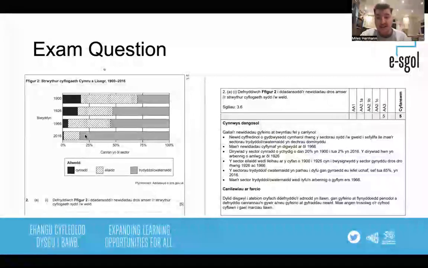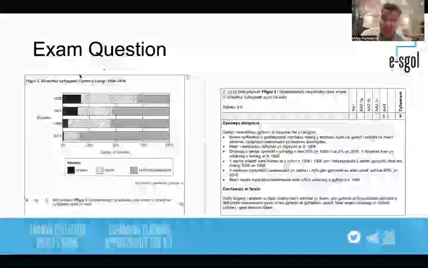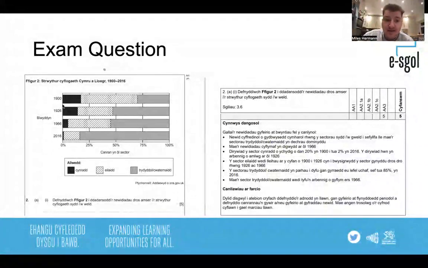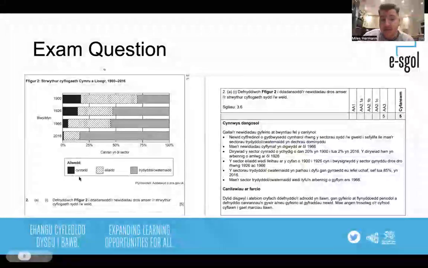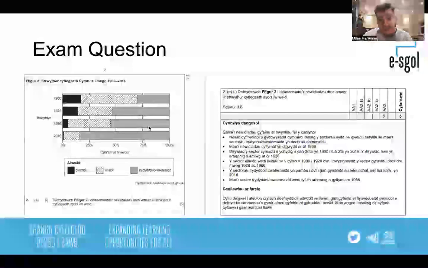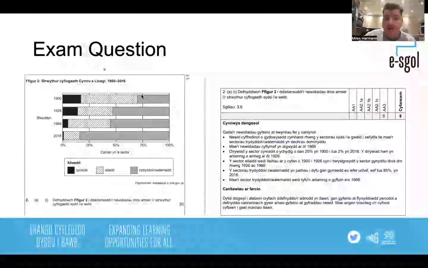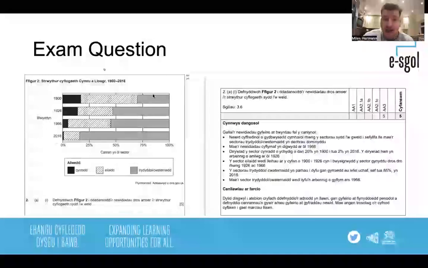So in order to gain the 5 marks here, we would need to use all the data shown, so from 1900, 1926, 1966 and 2016, and speak about the primary, secondary, tertiary and quaternary sectors. So I would pick up on things like this to maybe show that the largest increase over time is in the tertiary and the quaternary sector.